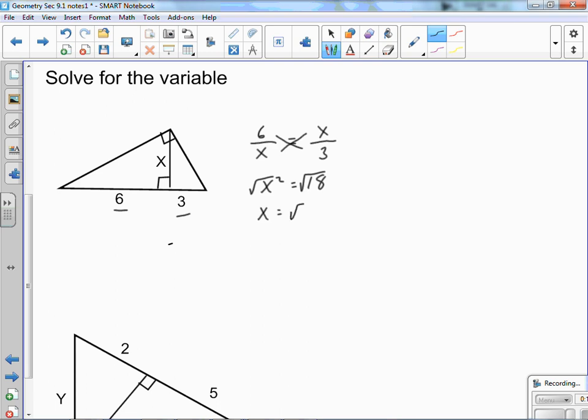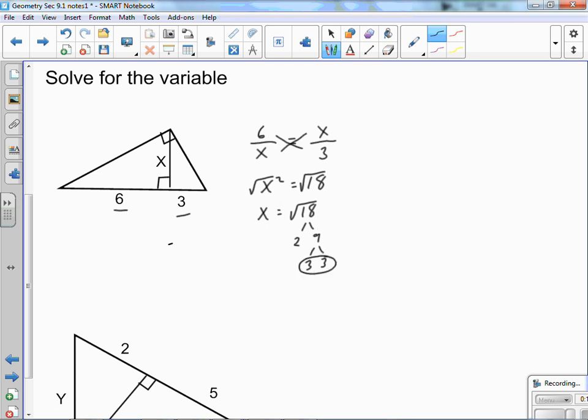So x is equal to the square root of 18, which wouldn't come out perfectly even because 16 has a square root and 25 does, but so it's somewhere between 4 and 5, right? But we can simplify the radical. If you remember how to do that, we can take that number underneath the radical and do a factor tree of it, which 18 is 2 times 9, and 9 is 3 times 3, right?